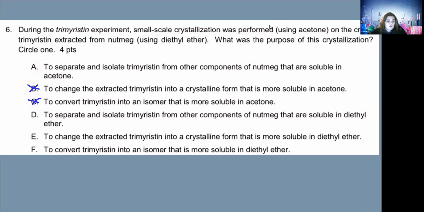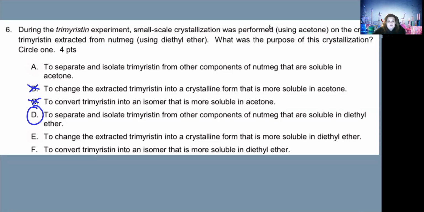Okay, so what we want to do, the whole purpose of using the acetone and performing the small scale crystallization is to separate and isolate the trimeristin from the other components of nutmeg that came through when we did the solid liquid extraction with the diethyl ether. Okay.